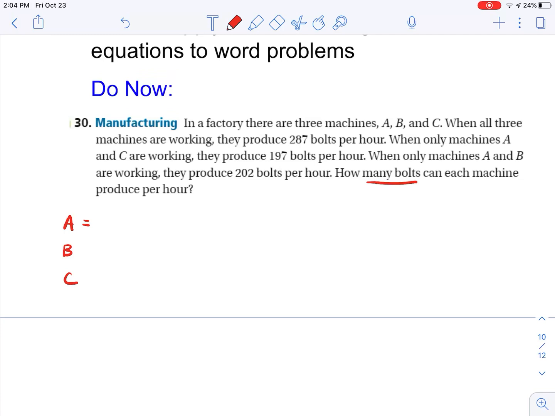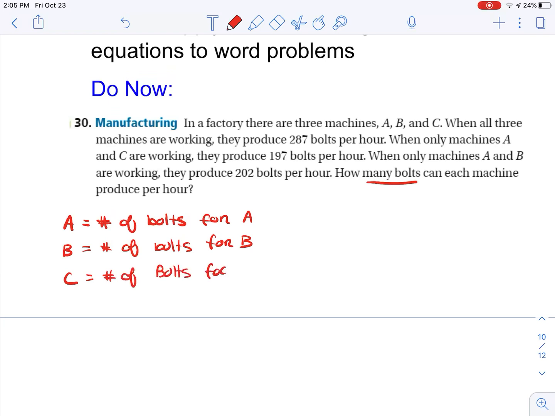So variable A stands for number of bolts for machine A, right? The number of bolts machine A can make. B stands for number of bolts machine B can make. And C is number of bolts machine C can make, okay? So our answer talks about bolts.